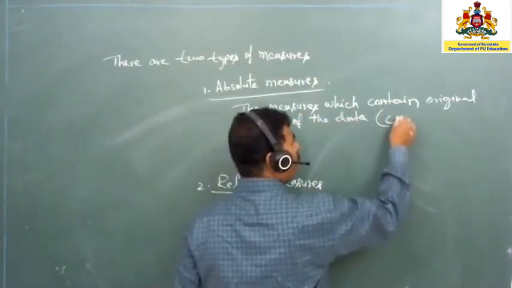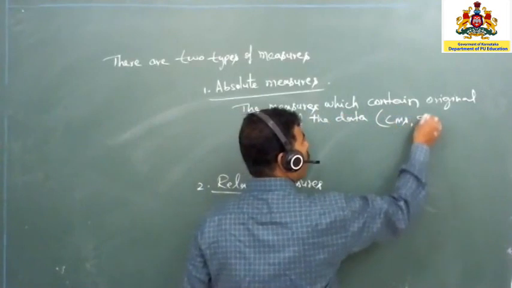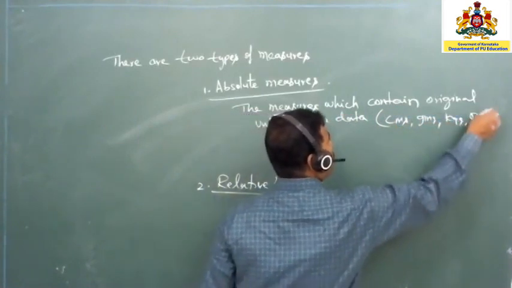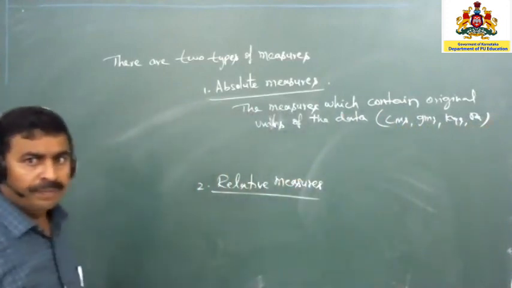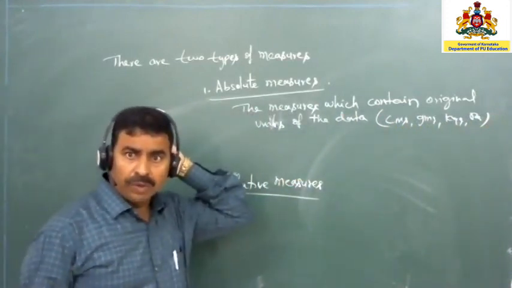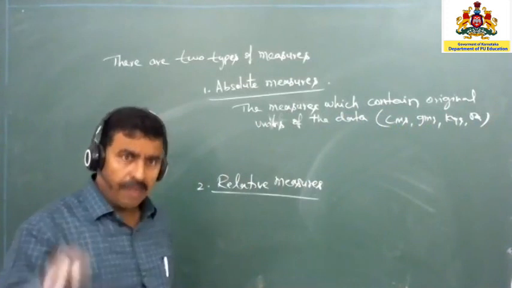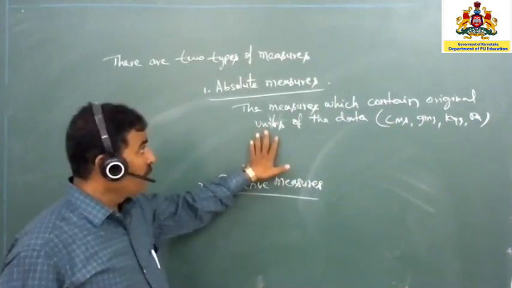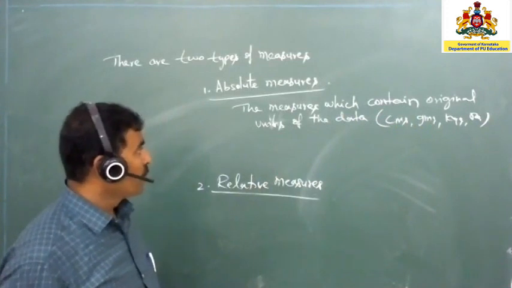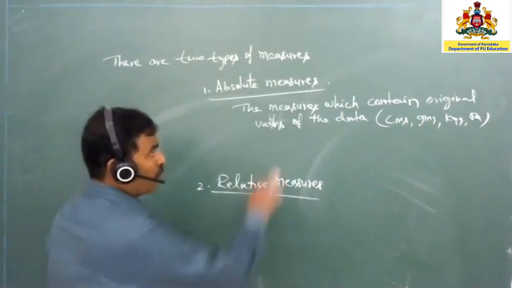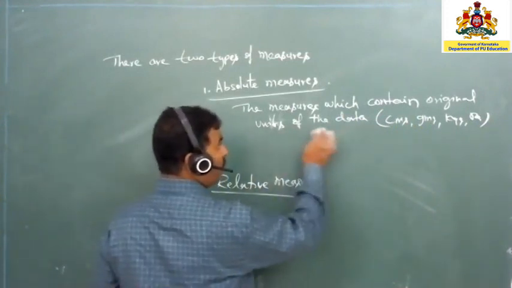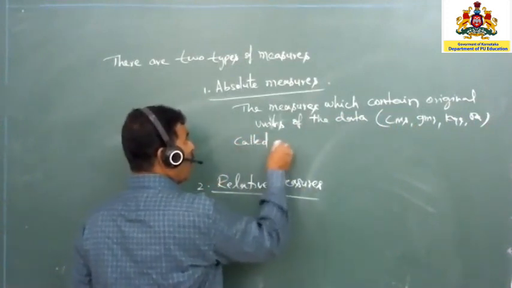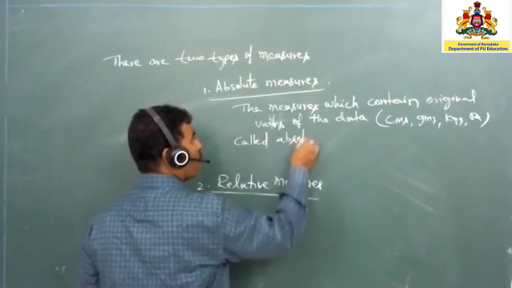For example, centimeters, grams, kgs, rupees. If the data is given with the units centimeters, grams, kgs, rupees, then in the answer also units will be there. So the measures which contain original units of the data are called absolute measures.